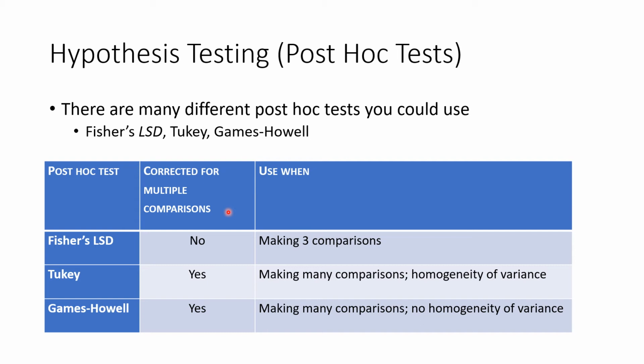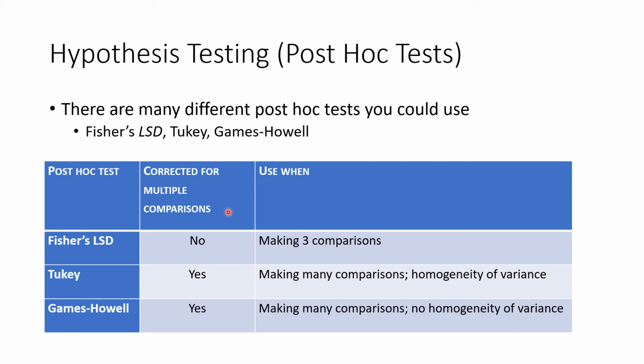However, in some studies, if you do have 4 groups or 5 groups, the number of comparisons you're making goes up more than just 1 by adding a group. It goes up quite a bit. If you have just 4 groups, you're comparing 1 to 2, 1 to 3, 1 to 4, 2 to 3, 2 to 4, and 3 to 4. So that was quite a few comparisons just with 4 groups.